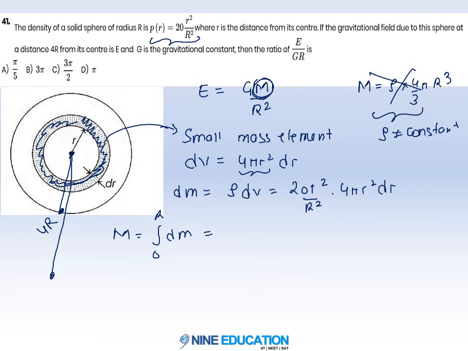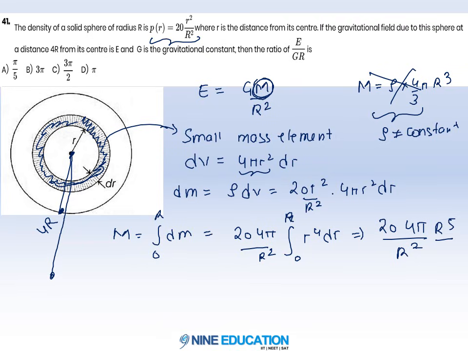Okay, so I'm putting the constant out of the integration, 80 pi upon R square, integration of r power 4 dr from 0 to R. So it will give you 80 pi upon R square, and integration of it becomes r power 5 upon 5.